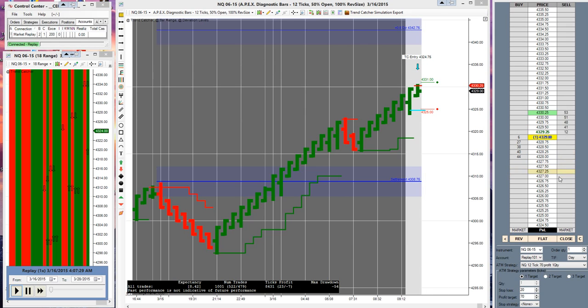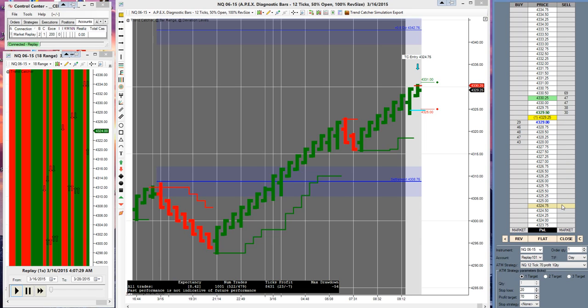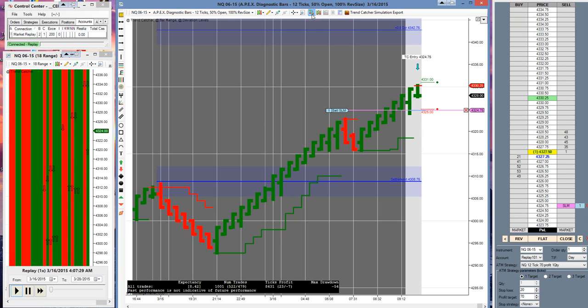I'm just going to go right here, hit center. We're going to place a pending sell order right there. And I'm also going to open up the chart trader. You can see that right there.